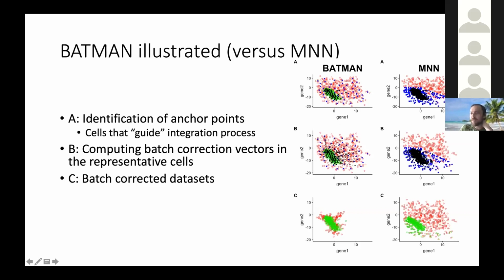In mutual nearest neighbors, since there are a lot of pairs, because a cell can participate in many such pairs, I just tried to do some kind of visualization, but this is how it works here. Now, the final result, if we use these pairs to integrate the two data sets, this is how it looks with Batman, and this is how it looks with mutual nearest neighbors. So the problem here is, again, that it undercorrects the batch effects.